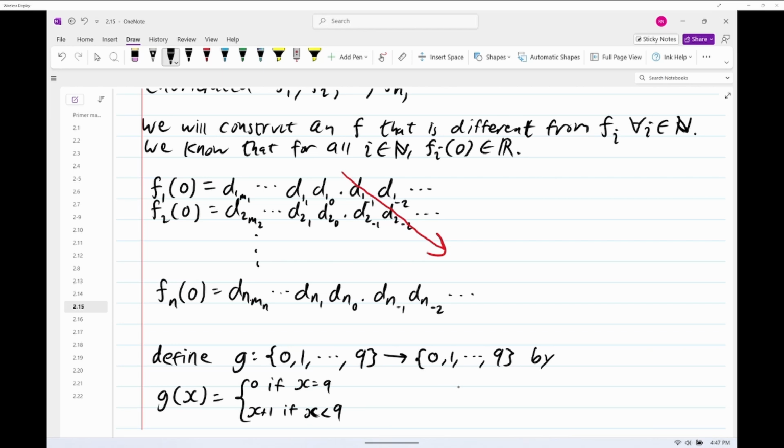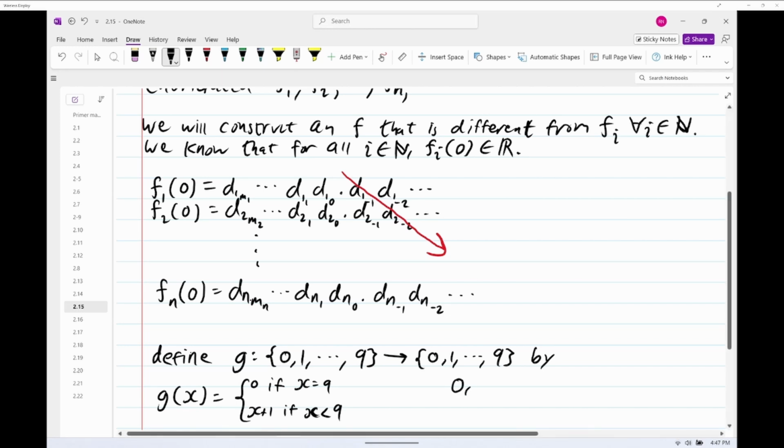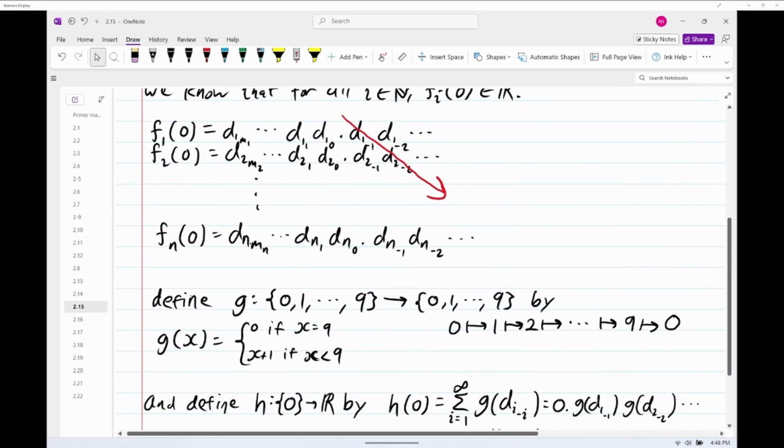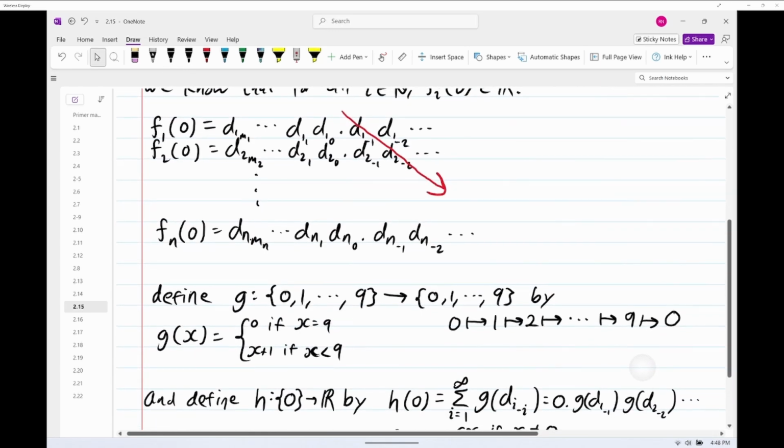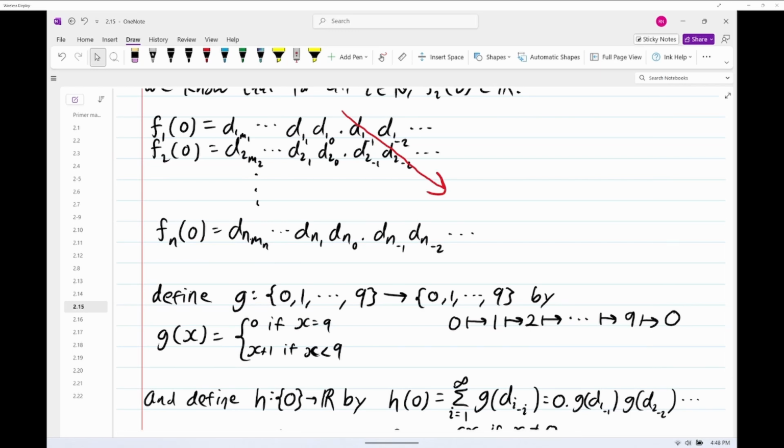So it looks like this. 0 gets sent to 1, 1 gets sent to 2, yada yada, 8 gets sent to 9, which gets sent to 0. Okay. Then I'm going to define h from the singleton set containing 0 to R by h of 0 is the sum of g of all of these things.